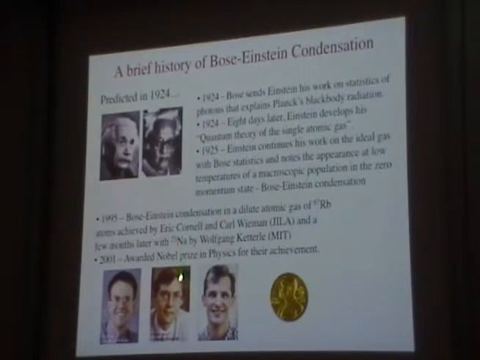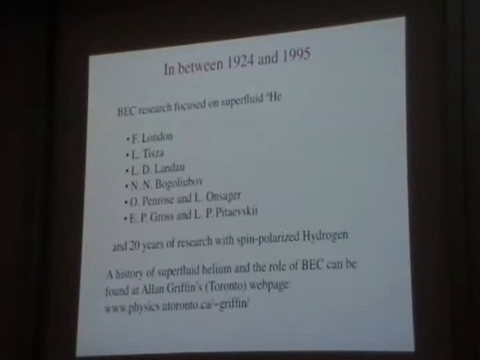This is a big jump from 1924 to 1995, so that doesn't mean there wasn't anything happening in between. In between those years, there was a lot of research on superfluid helium. And it basically involved aspects of Bose-Einstein condensation. There were a lot of powerful physics people involved in this, people like Landau, London, Onsager, and so on.